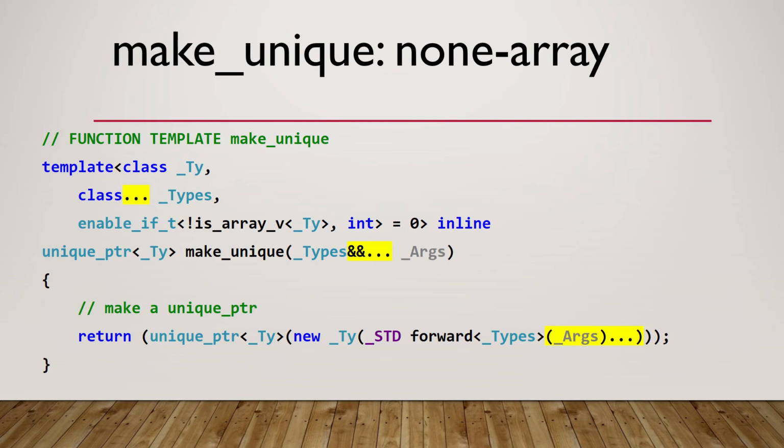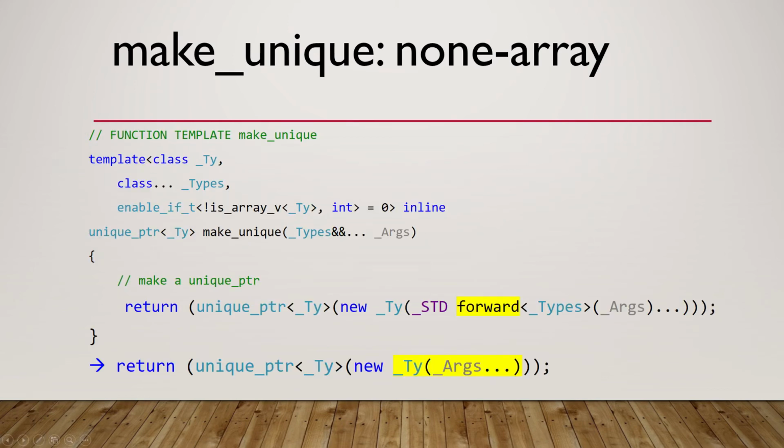In the definition for non-array make_unique, we see the familiar ellipsis and expansion marker. We know what they are doing. But hold on, what is forward of types for args in the return clause?